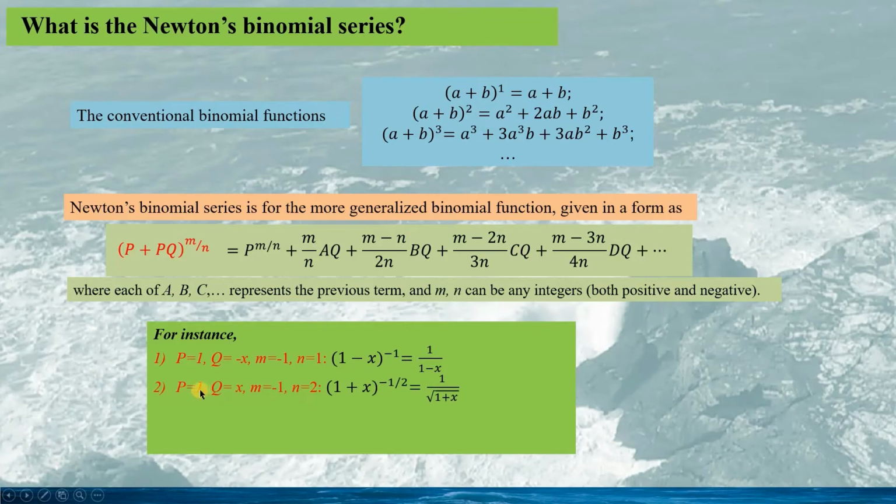If we take other values of P, Q, M, and N, we have the binomial function as this. Again, if we take a different P, Q, and M equaling minus 1 and N equaling 2, we have the binomial function as this. And we can have more complicated binomial functions.